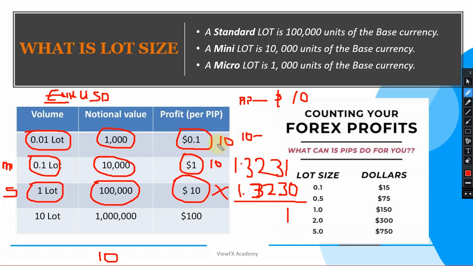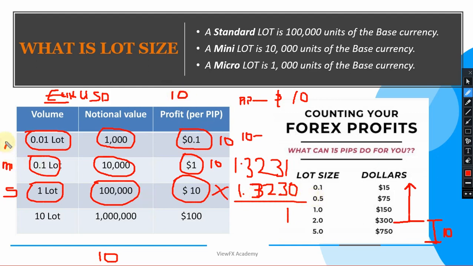What I mean by against is this: maybe you speculated and analyzed that the market was going to go up and you entered here, but instead the market went against you. It went 10 pips against you. Here you're going to lose $1 out of your $10 account for micro.